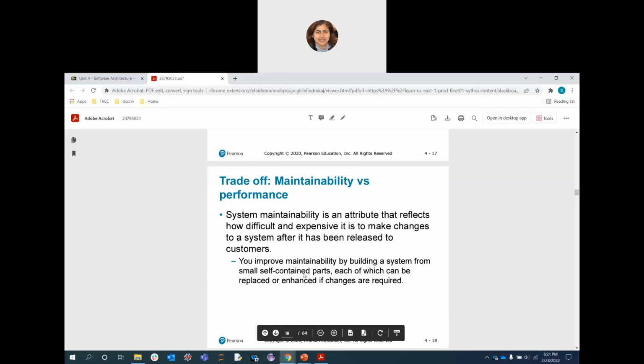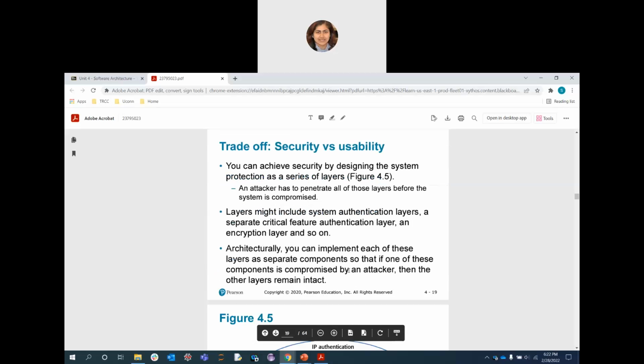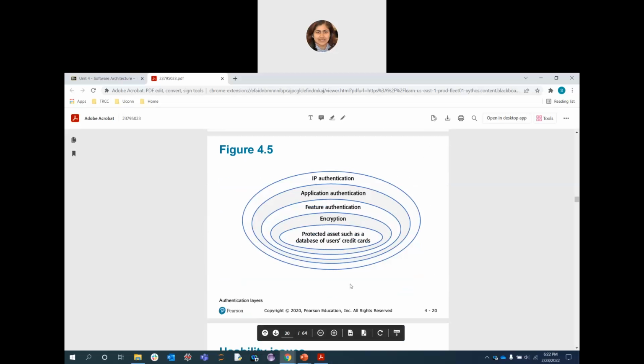Let's look into the trade-off between security and usability. This is the figure about the authentication layers. We just saw the trade-off between maintainability and performance. What is the trade-off or relation between security and usability?